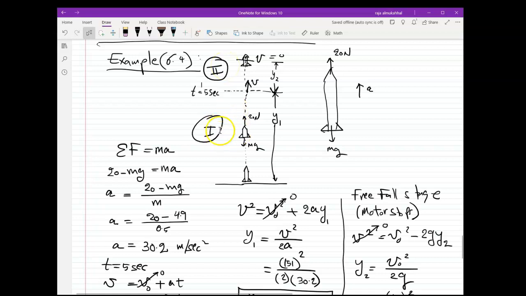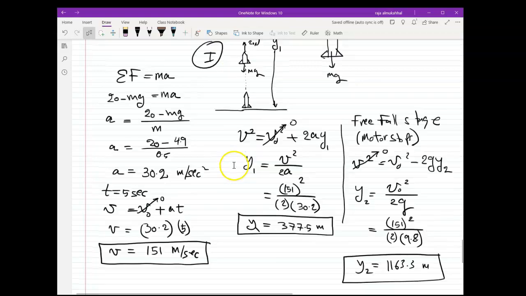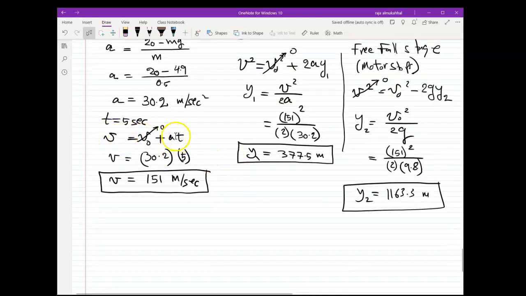Okay, so stage number 1, I know the initial velocity is 0. I know the time is 5 seconds. I would like to know the velocity here because I would like to use it for stage 2. So I can use this simple kinematics. Initial velocity 0. I have to find the acceleration first.